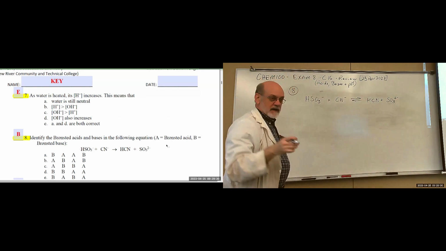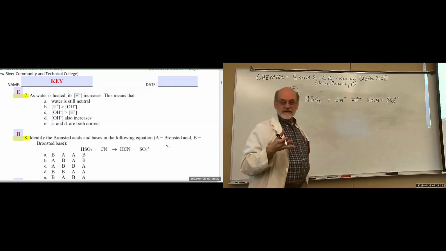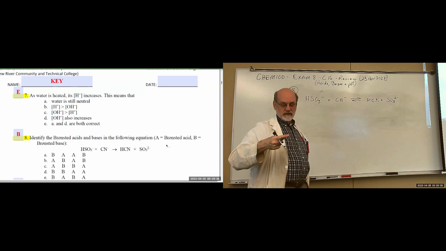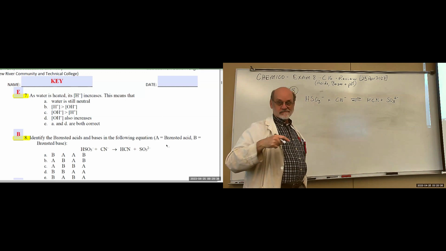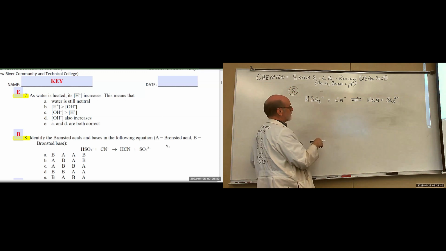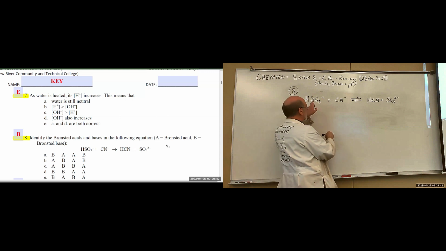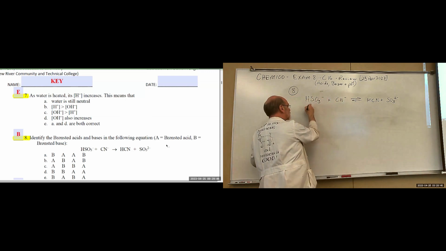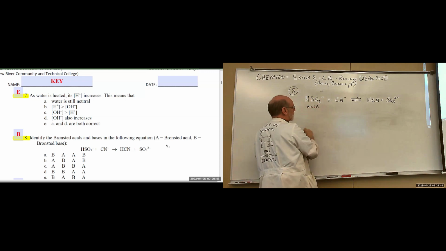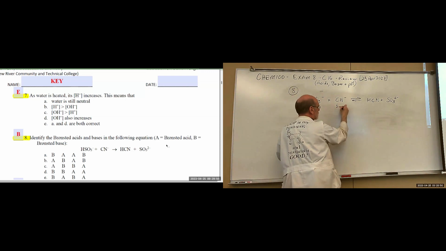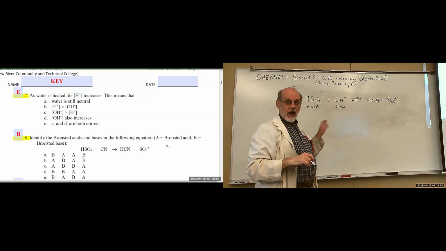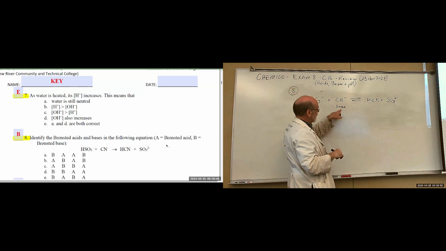Okay. By the definition of Bronsted and Lowry, an acid is a proton donor. Which one donates a proton? This one, because it goes from here to there. It loses a proton. So this is an acid. That makes this the base. In terms of conjugates, this one now has received a proton.